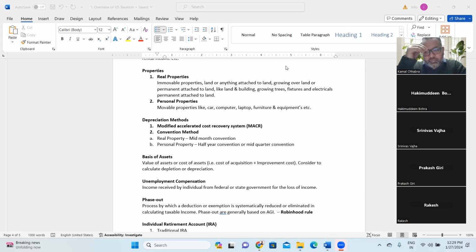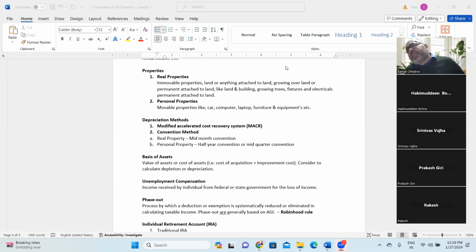Even for a professional working in an office, since we are going through a work from home scenario, the person has arranged a laptop, printer, and all those things to complete his professional work, owned by him and not provided by the employer.